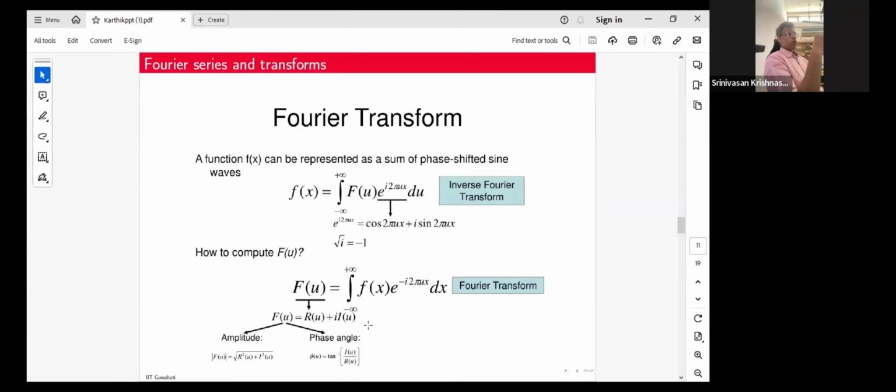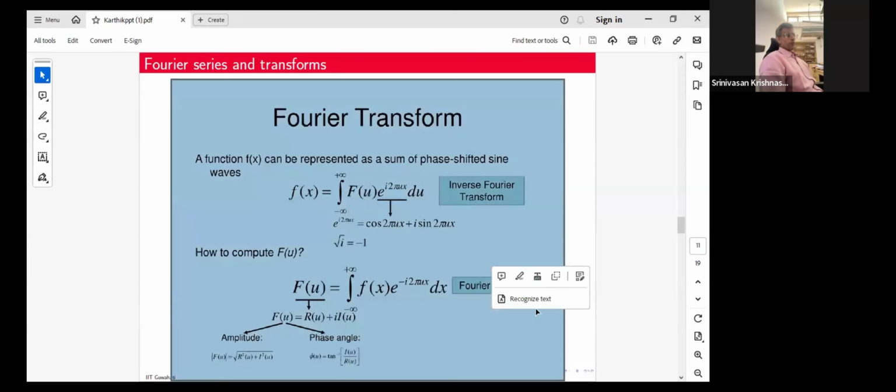Now what I'll do is I'll measure two things. I'll see how much that signal has got amplified. The amount by which the signal got amplified is going to be the magnitude of f of u. And I'll see how much phase shift is there in the signal. So that would be the phase of f of u. That will be this phi of u that you can see here at the bottom of the screen.